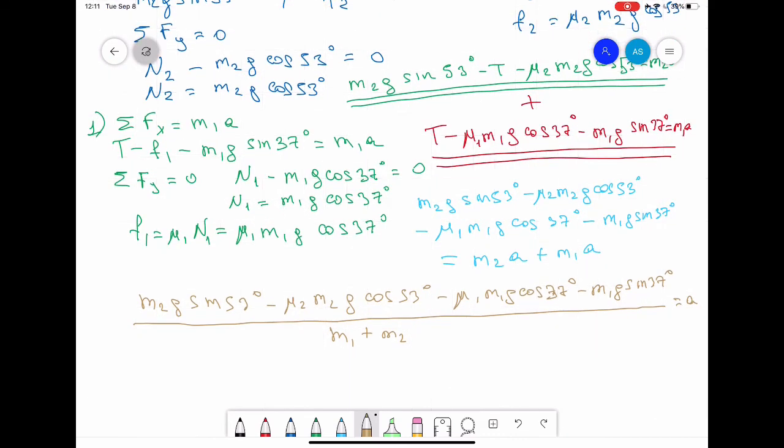So that's it. When you plug in the numbers, you will get your acceleration.